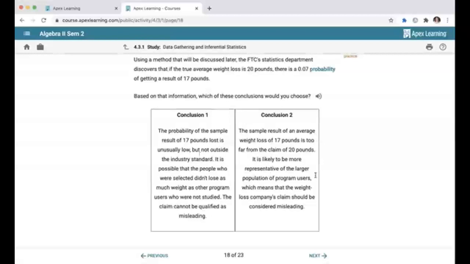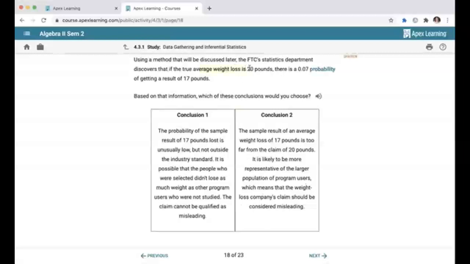Or the other conclusion could be a sample result of an average weight loss of 17 pounds is too far from the claim of 17 pounds. Okay, or sorry, of 20 pounds. It is likely to be more representative of a larger population of program users, which means that the weight loss company should be considered misleading. All right, so that's the question you've got to ask yourself here.